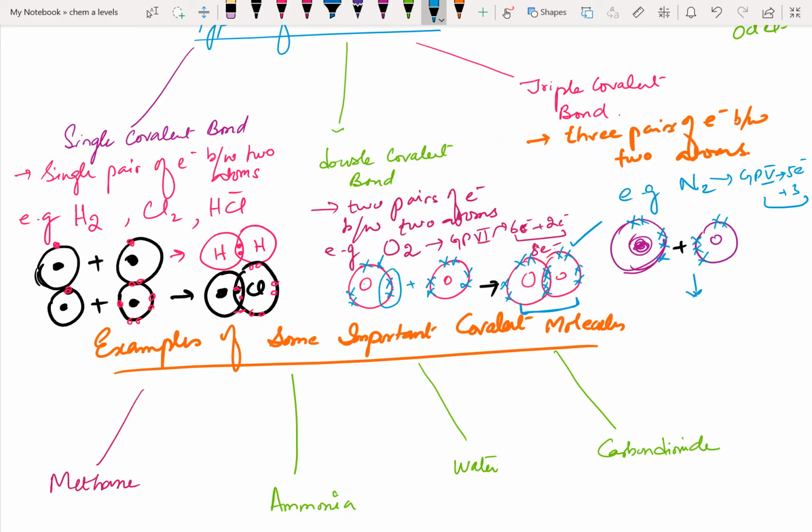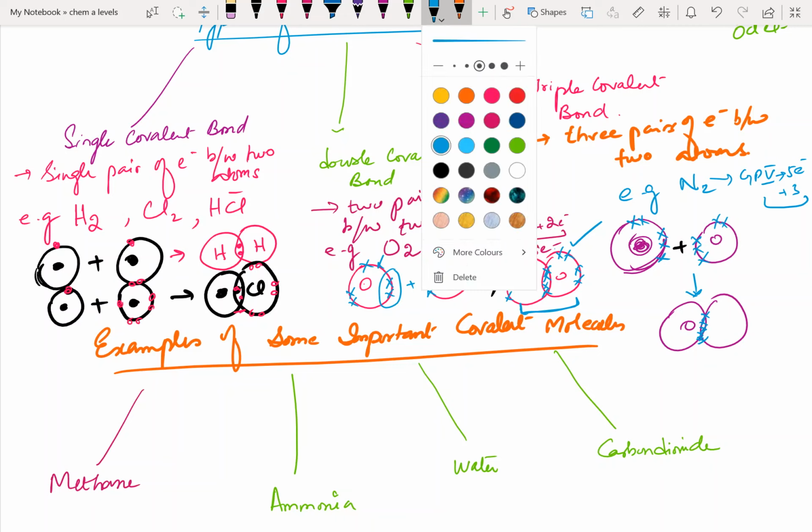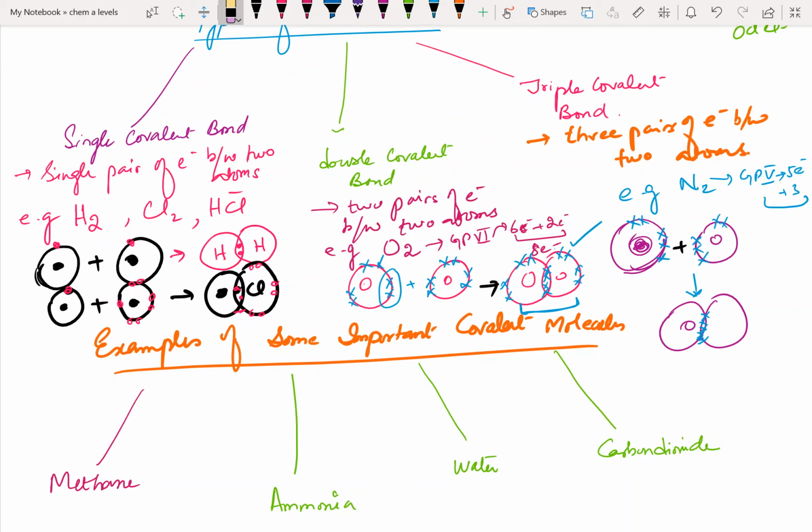What will be the sharing result? The ones which are shared, 3 pairs, 1, 2, 3, 4, 5, 6, these are shared, and the rest of the 2 are, let me draw it a little clearer.